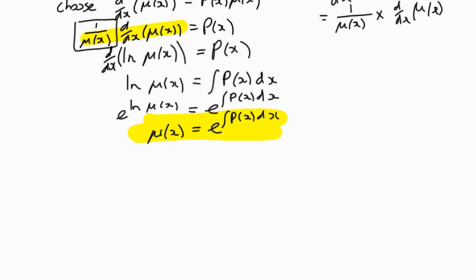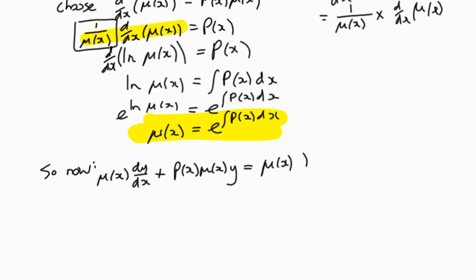So now we can say that, from what we had, remember we multiplied everything, mu of x dy by dx plus p of x mu of x y equals mu of x q of x. That was what we had there.